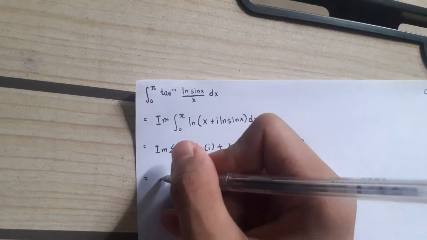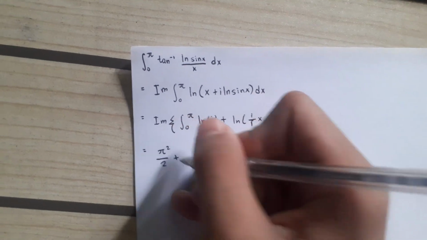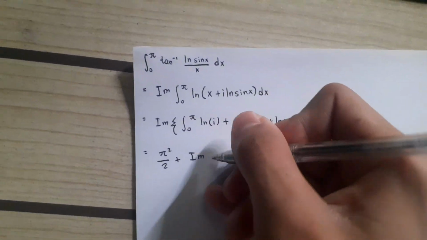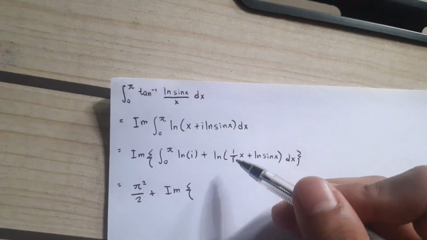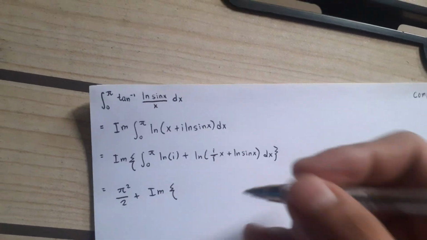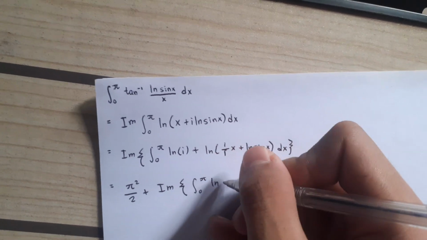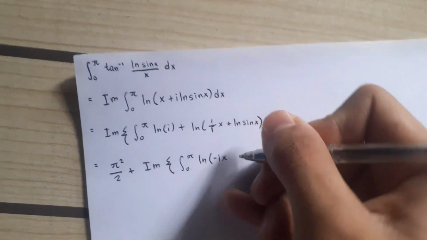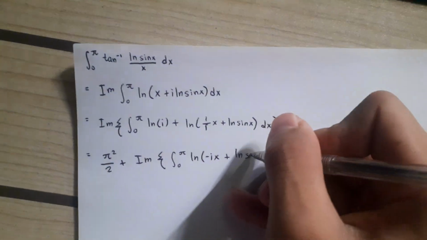So this is pi squared over 2 plus the imaginary part of the integral from 0 to pi of ln of negative i times x plus ln of sine x dx, since 1 over i is equivalent to negative i.